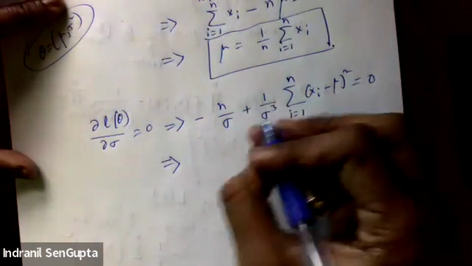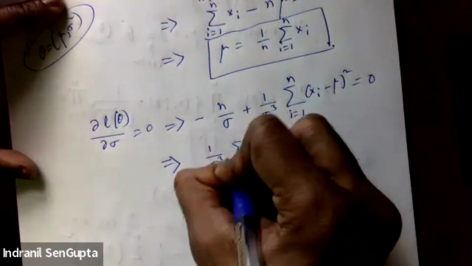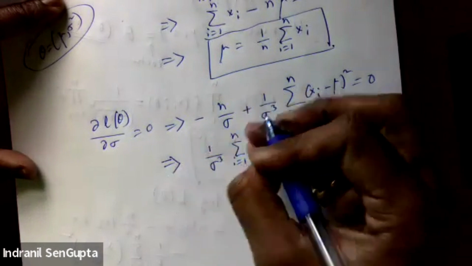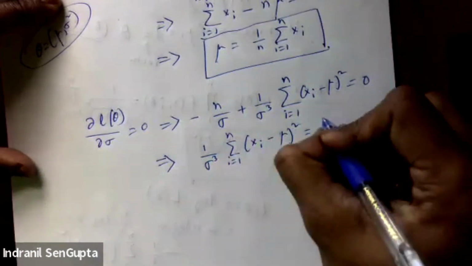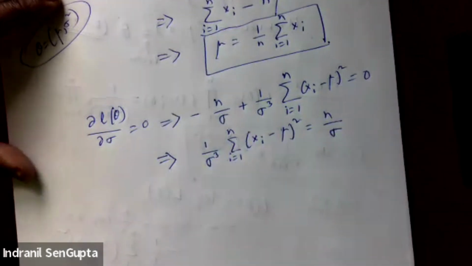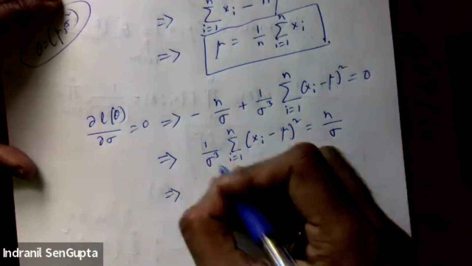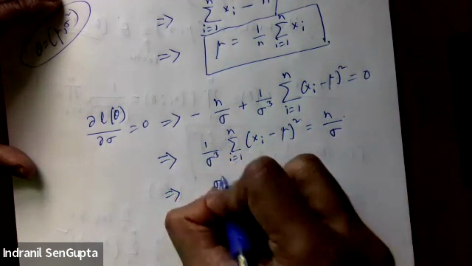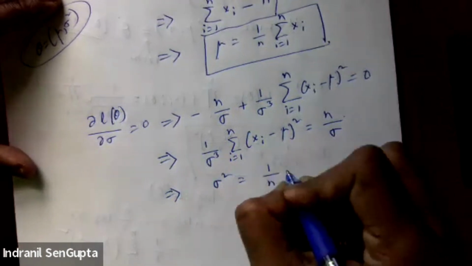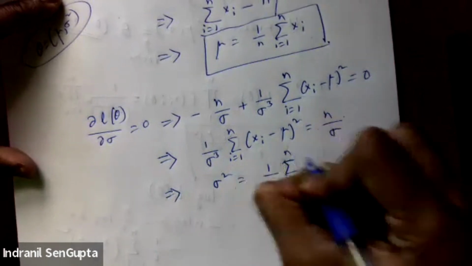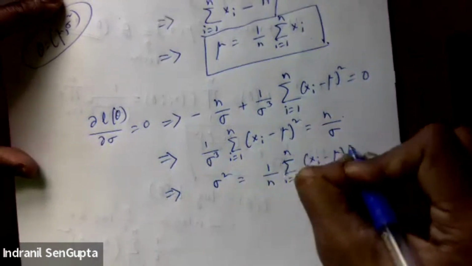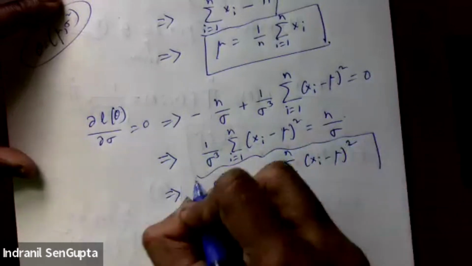This really gives me 1 over sigma cubed times the sum of (xi minus mu) squared equals n over sigma. So if I move the sigma over, sigma squared is 1 over n times the sum i from 1 to n of (xi minus mu) squared. That is my sigma squared.